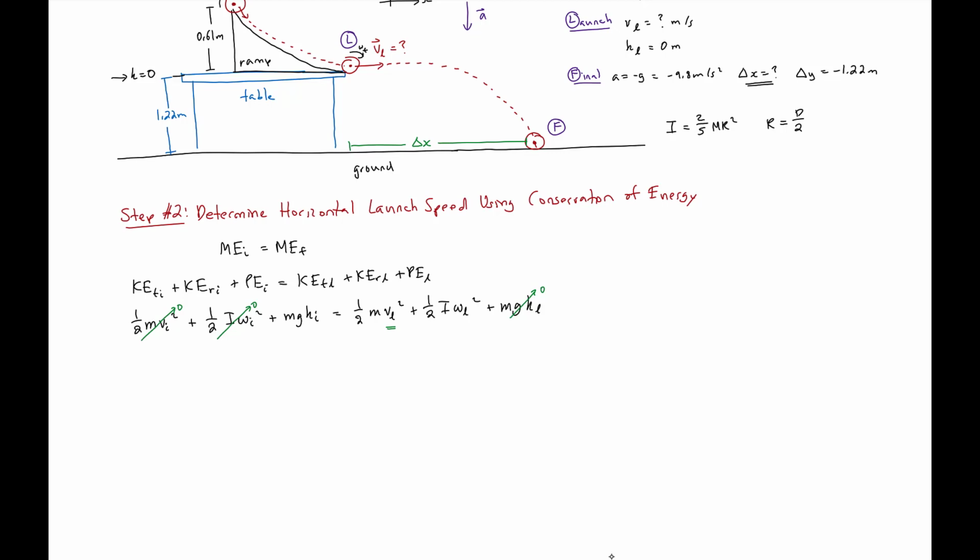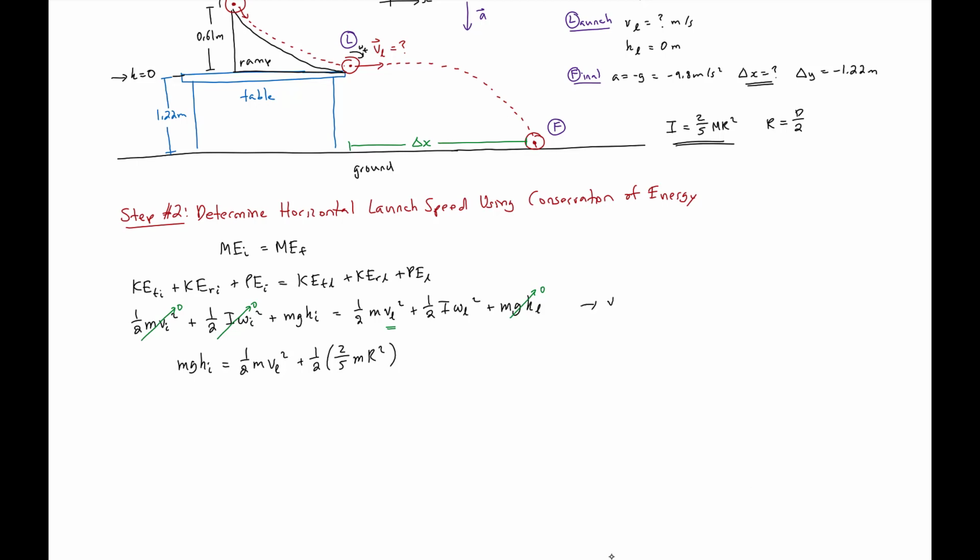So we have a simplified version: m g h_i is equal to 1/2 m v_L squared plus 1/2 I omega_L squared. We need to replace I with our definition of I, so it's 1/2 times 2/5 m r squared. We don't have omega_L at all, so we need another way of representing omega_L.